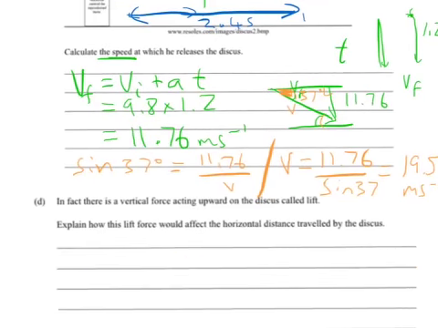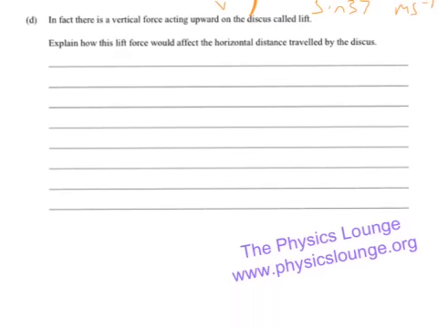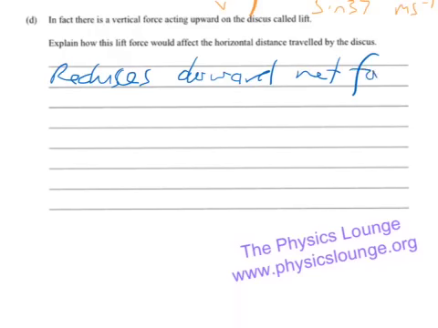Is there another question? Yes, there is. D. In fact, there is a vertical force acting upwards on the discus called lift. Explain how this force would affect the horizontal distance travelled by the discus. Okay, well, if there's a lift, it reduces the downward net force. So the force due to gravity is decreased, from F equals ma.